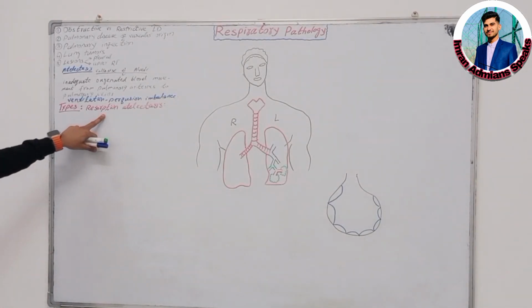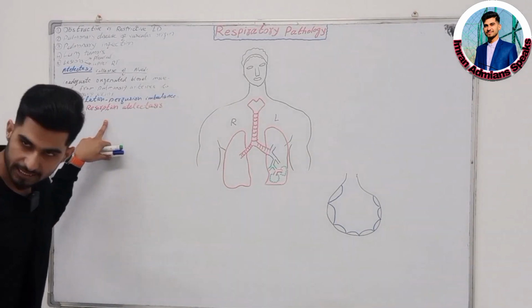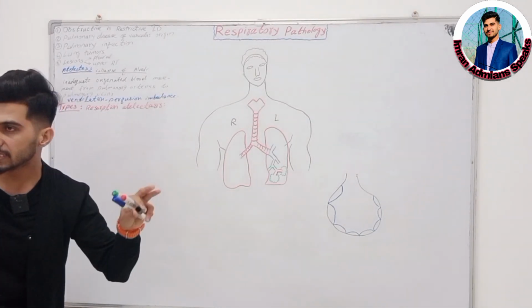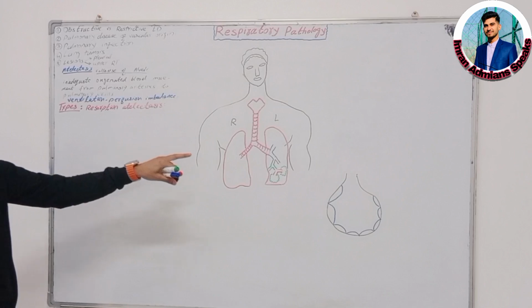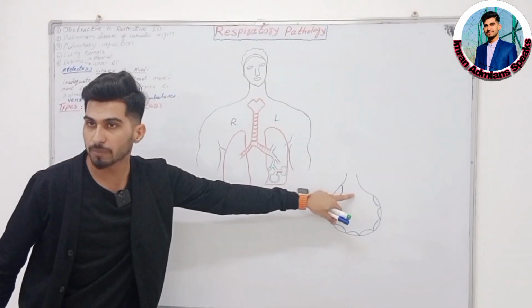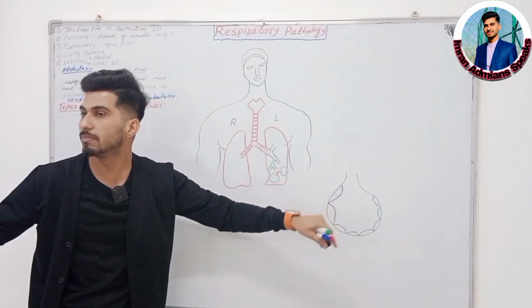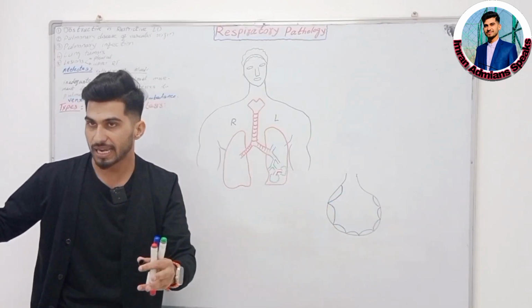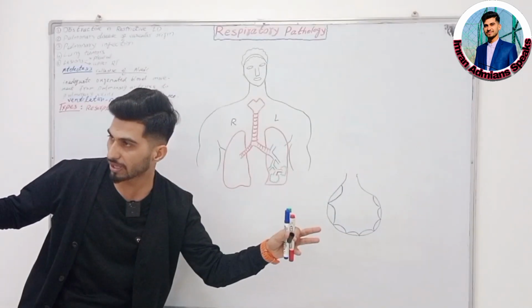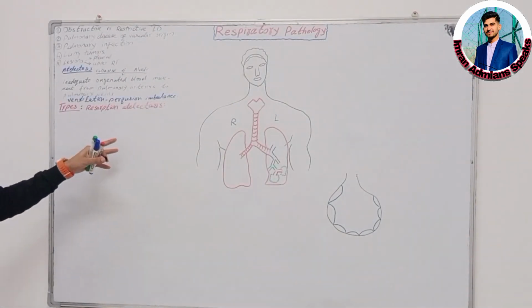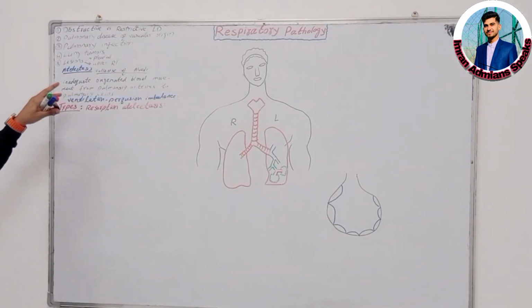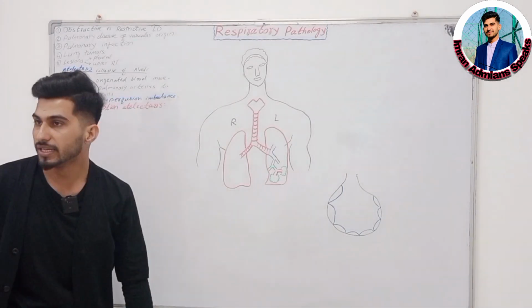Resorption atelectasis is due to any disease during which there is plug formation. This plug may be due to hypertrophy of the mucous gland. Then there will be more secretion of mucus, and the plug will be formed. During that condition, the movement of air from the environment into the alveoli will be difficult.